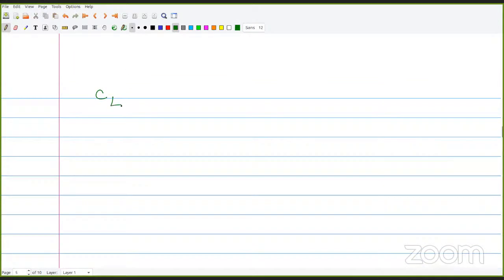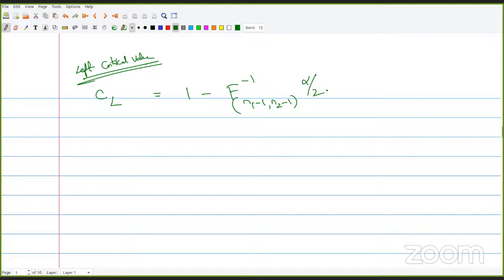If I am computing CL, it is 1 minus F inverse of n1 minus 1 comma n2 minus 1 of alpha by 2.